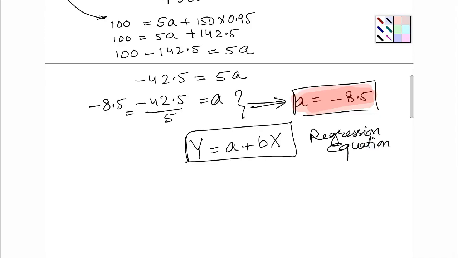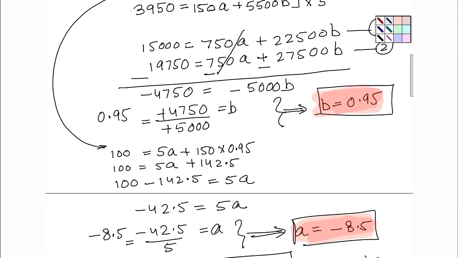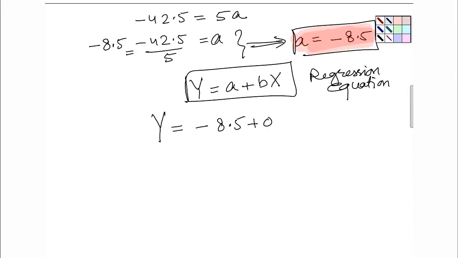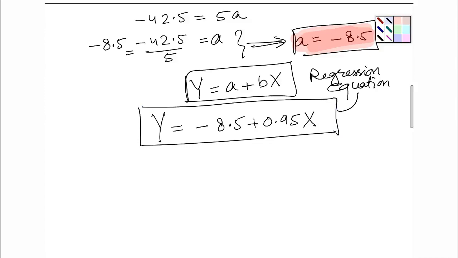So now that I have values of a and b, let me put them. Y is equal to a, that is minus 8.5, plus bx. b is 0.95. So it will be 0.95x. This is my final regression equation that we were trying to find out.